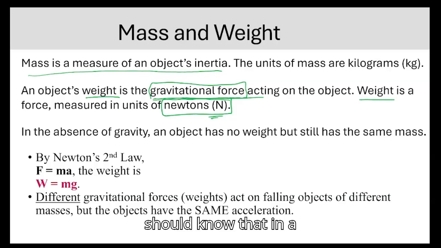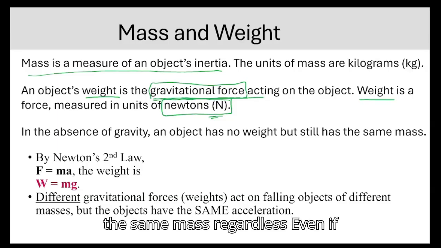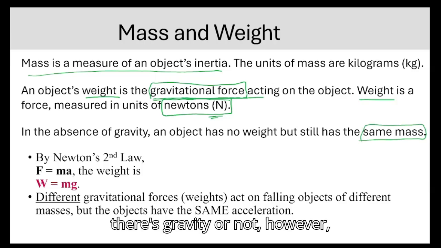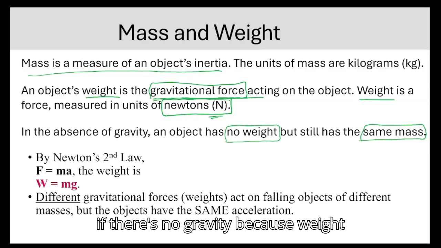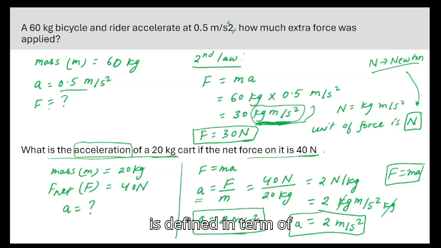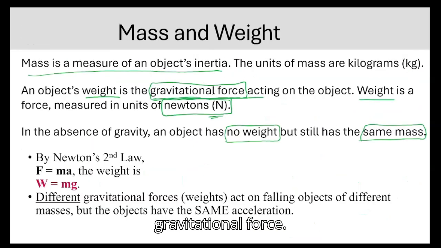And we should know that in a scenario where there's no gravity, an object will have the same mass regardless, even if there's gravity or not. However, the weight of the object will be 0 if there's no gravity, because weight is defined in terms of gravitational force.